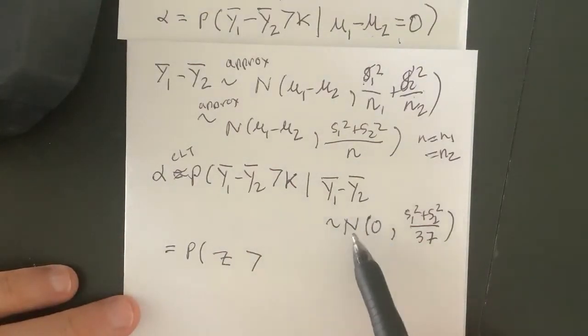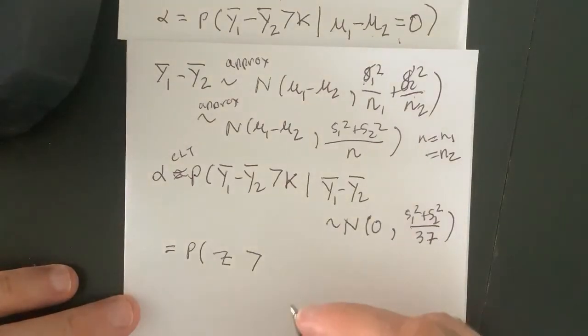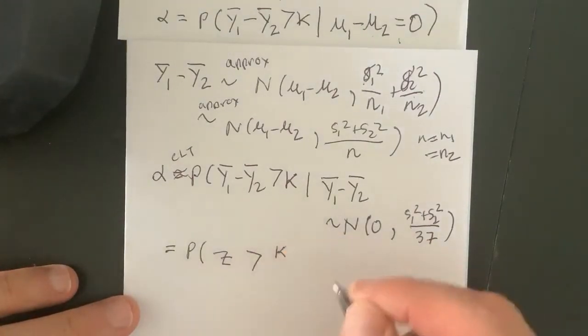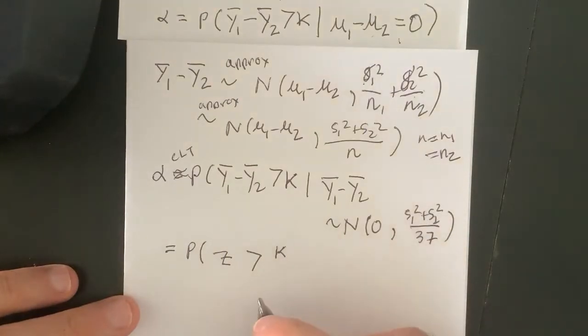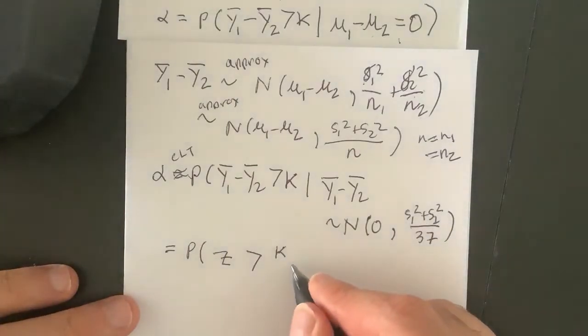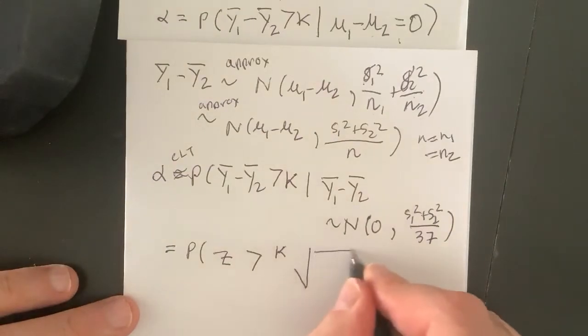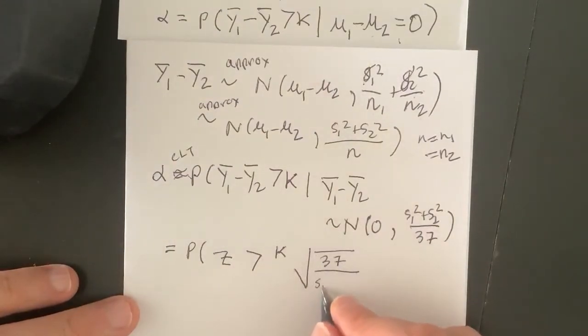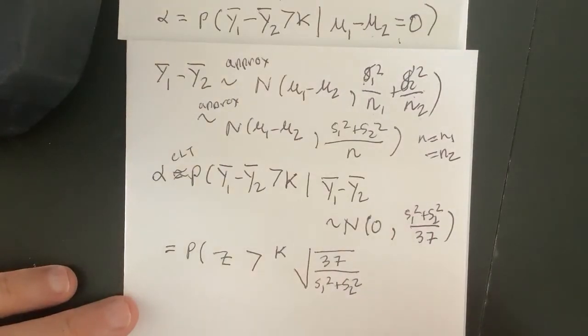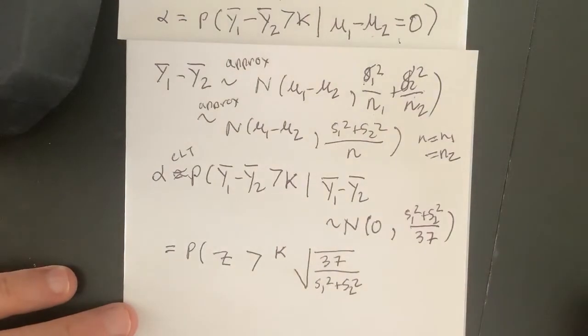It's just 0, so it's k minus 0. And now I divide by the square root of this, right? So times the square root of 37 over S1 squared plus S2 squared, which I have to get from the table, right? We still have that from the table.